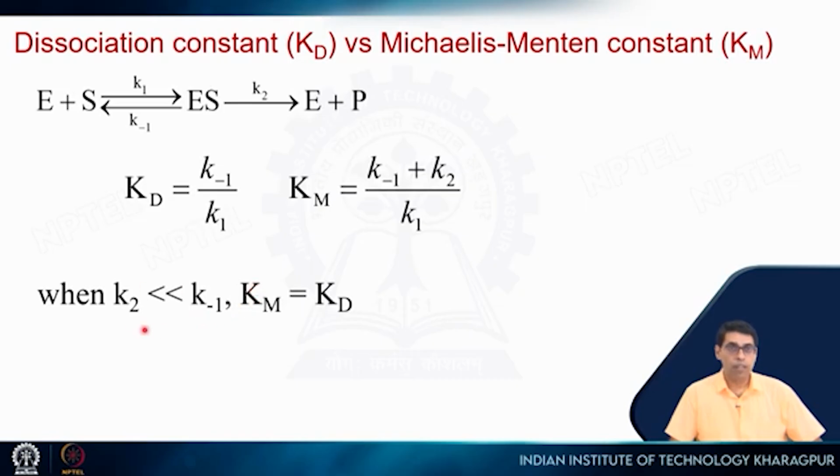So under this condition, where this rate is much less than the rate of dissociation, K minus 1, the reaction will proceed more in this direction compared to this direction. Under that condition, Km equals Kd, and this is what is called the equilibrium condition.